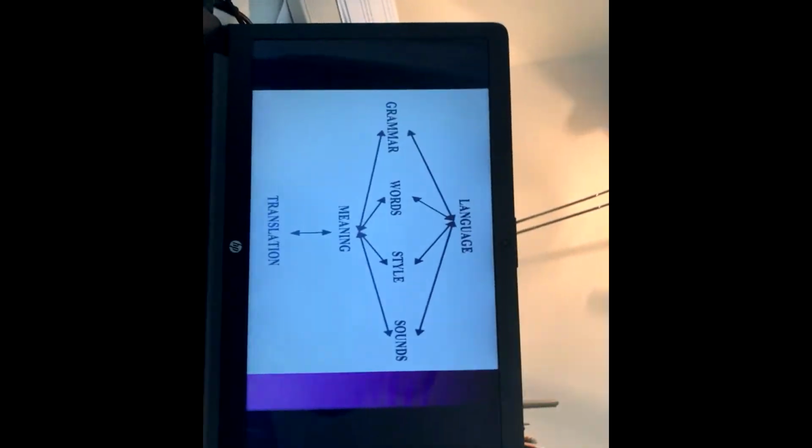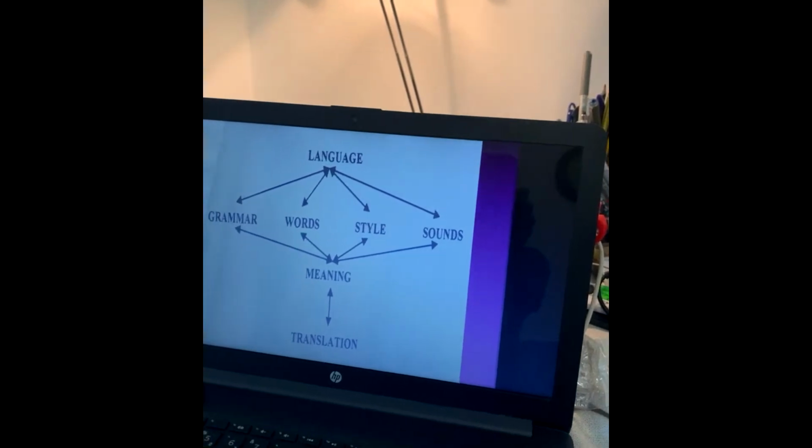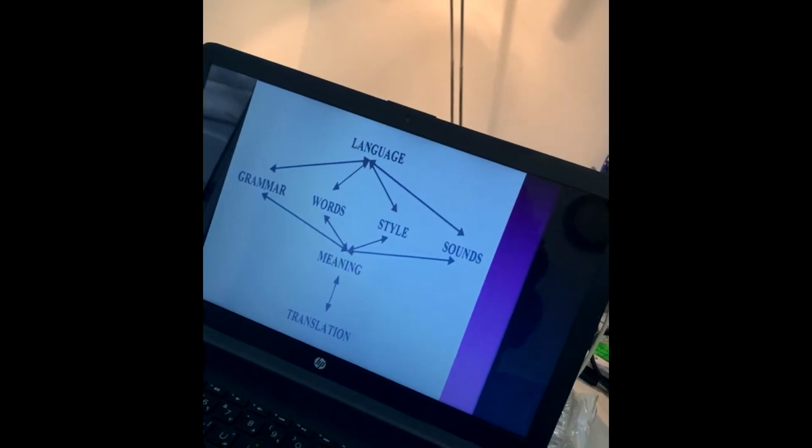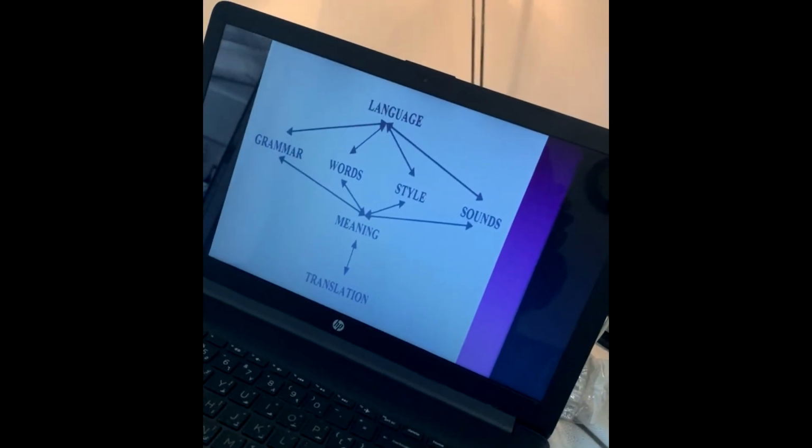And now, in terms of the presentation here, as you can see, this is what I have covered before, by the way, when I talked about the fact that when you are translating, you're translating language, grammar, words, style, and sounds. But you are translating meaning more than these four elements, which are the grammar, words, style, and sounds.